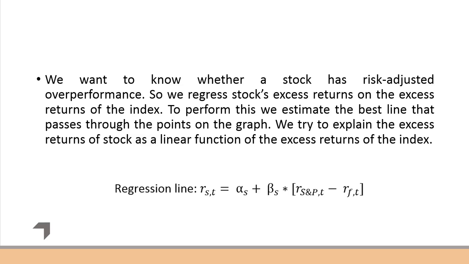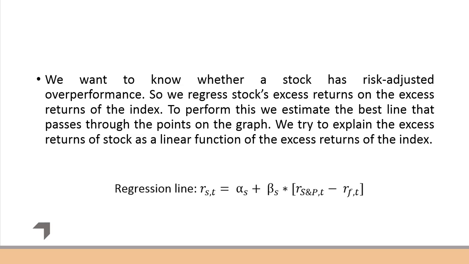We want to know whether a stock has risk-adjusted overperformance. So we regress stocks' excess returns on the excess returns of the index. To perform this, we estimate the best line that passes through the points on the graph. We try to explain the excess returns of a stock as a linear function of the excess returns of the index.